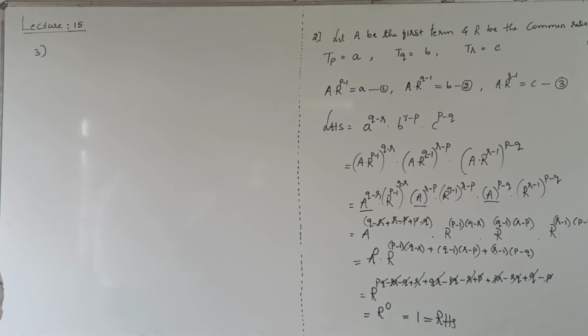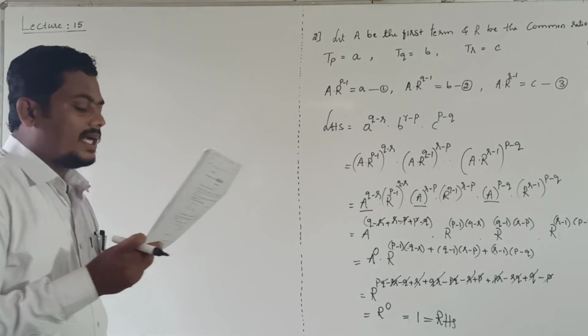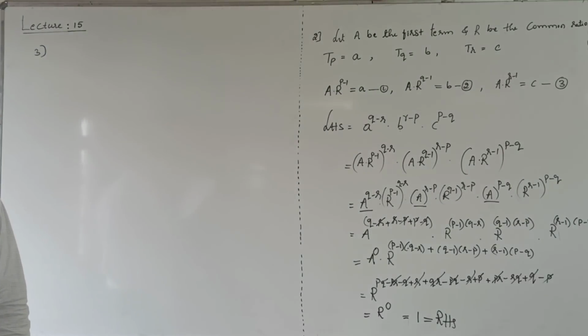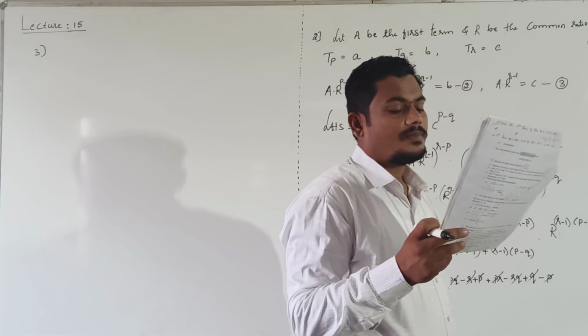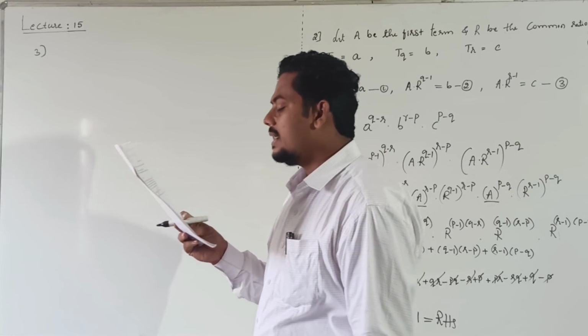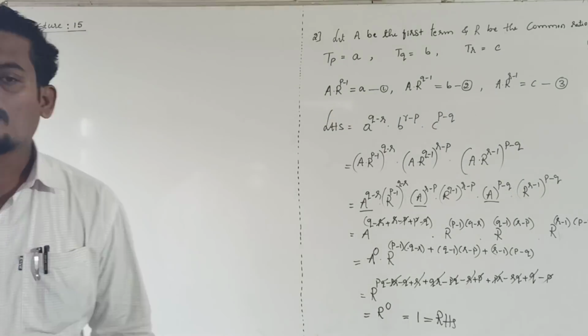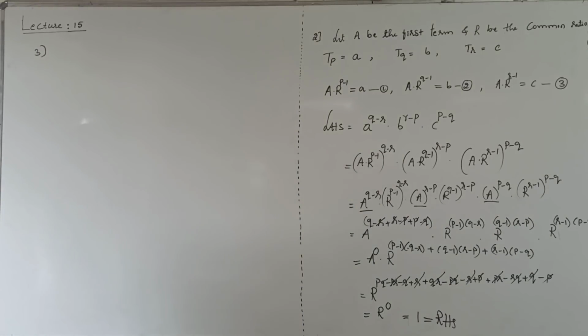Clearly a, b, c and d are in GP. Then show that (a square plus b square plus c square) into (b square plus c square plus d square) is equal to (ab plus bc plus cd) whole square. Clearly, given 4 numbers a, b, c, d are in GP.